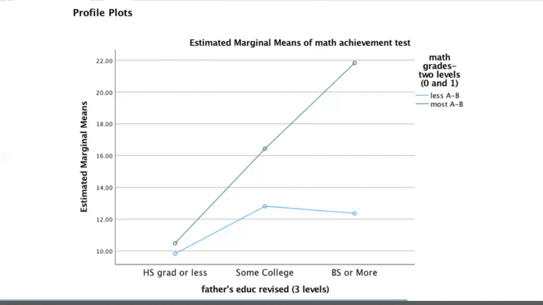And then on the next one, we are asking SPSS, what if the student has the lowest level and father has math grades, and then the father has the highest level of education? We're almost done here. 6 is, what if we've got level 1 on those math grades and yet father has the highest level of education? We'll continue that.